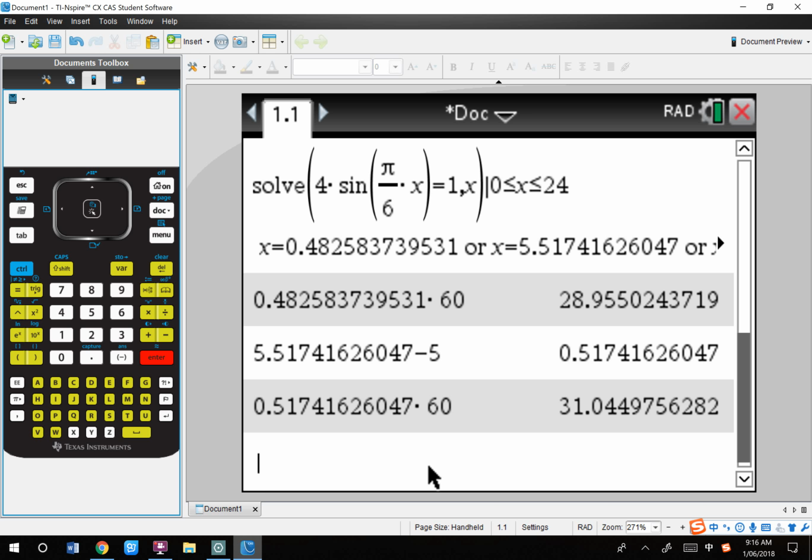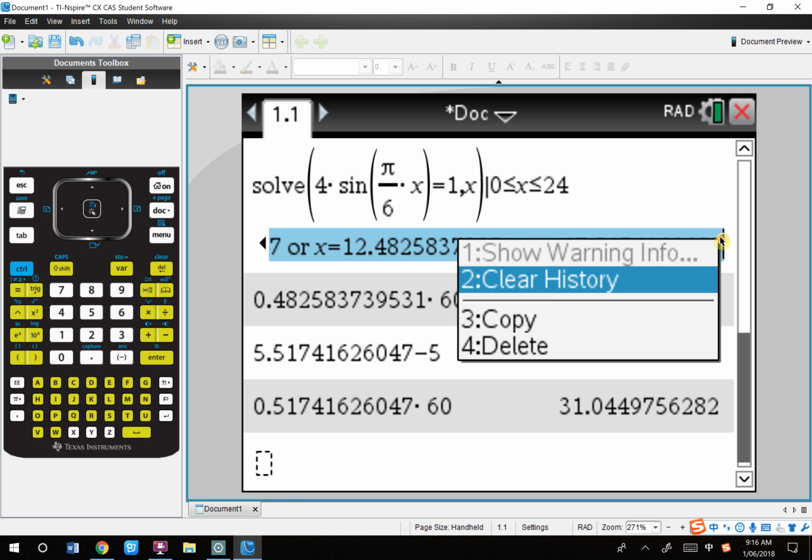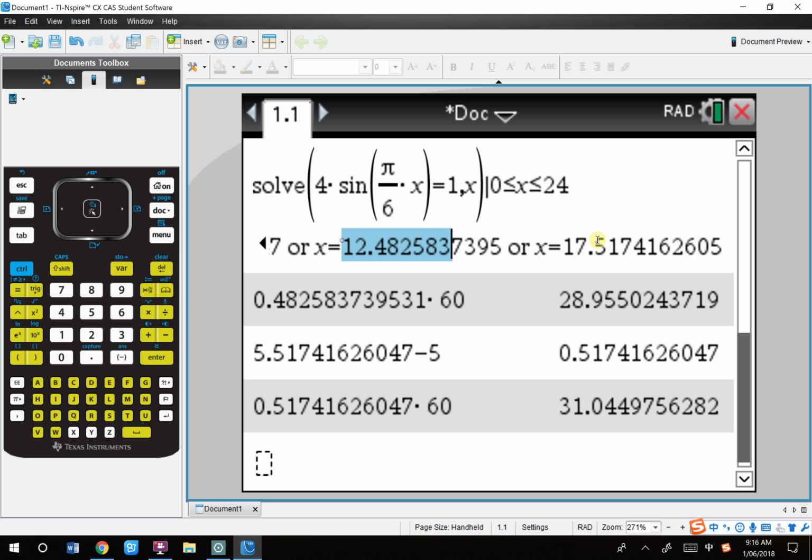And you can see the second period of time, the other two times. The decimal places are exactly the same as before: 12.4825 and 15.517 something. So the minutes are exactly the same, but the hours are 12 hours after and 17 hours after.